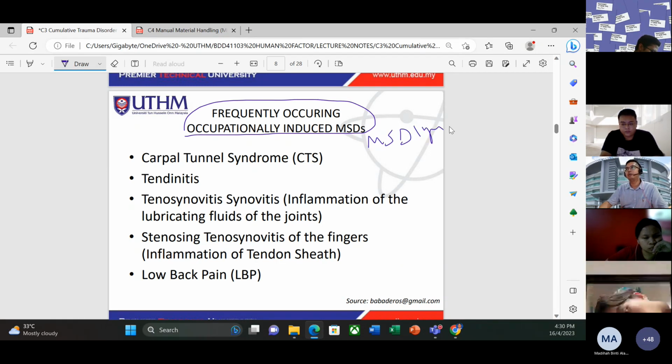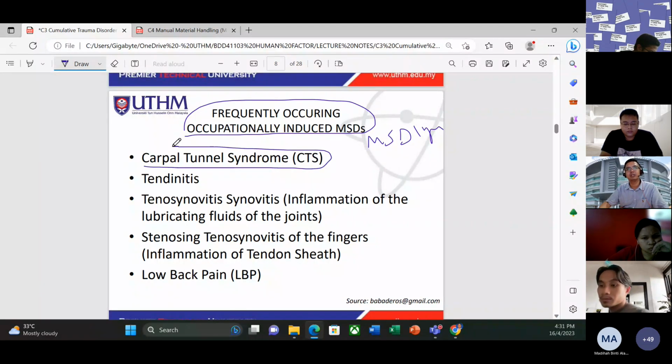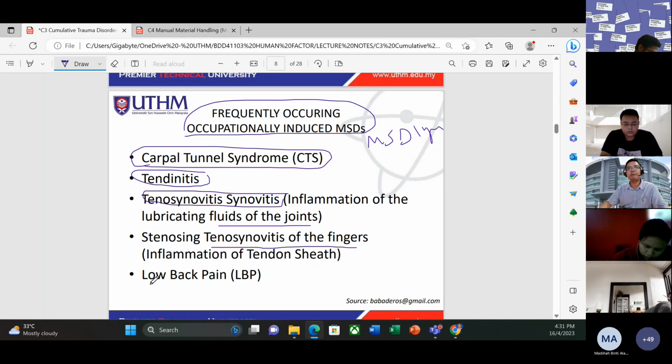When you go to the hospital and see a doctor or occupational health doctor, you might see or hear these words: carpal tunnel syndrome, CTS, tendinitis, tenosynovitis, inflammation of the lubricating fluid of the joints, stenosis, tenosynovitis of the fingers, lower back pain, shoulder pain.